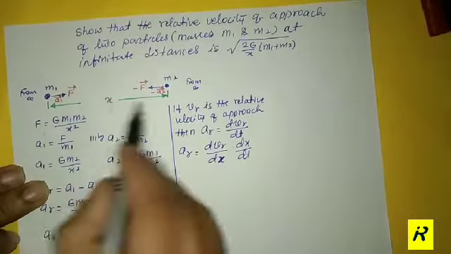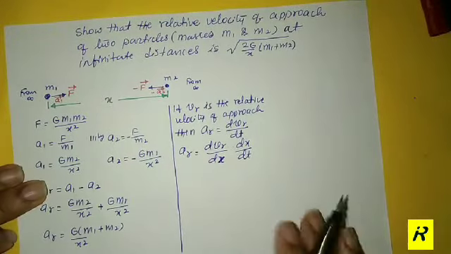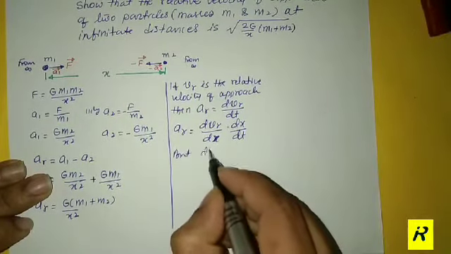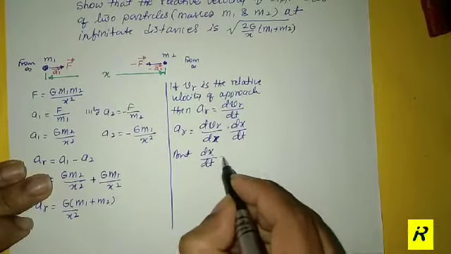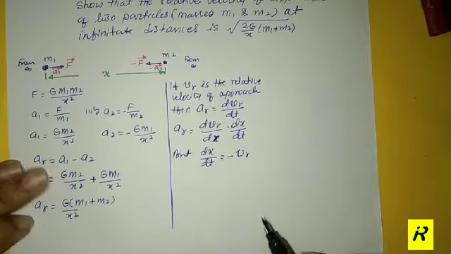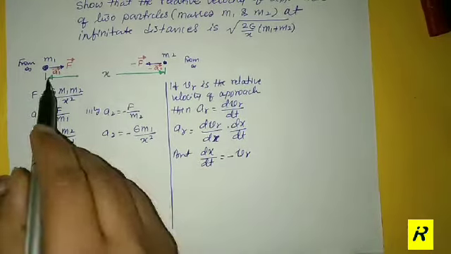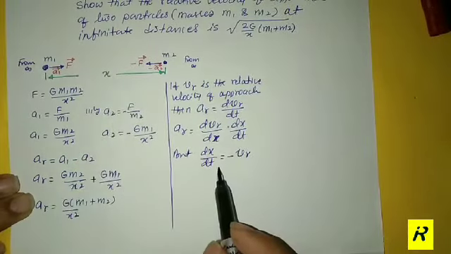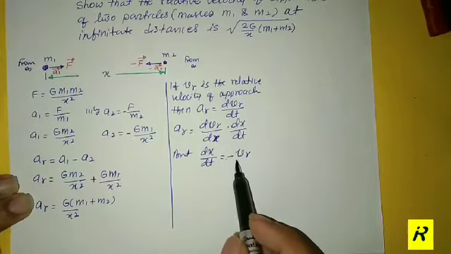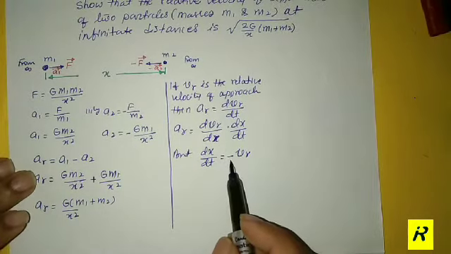Here x stands for the instantaneous distance between the two particles. But one thing you must know, dx by dt is minus Vr, because x is the instantaneous distance and Vr is the relative velocity of approach. As x decreases, Vr increases. That is the use of this negative sign in the equation.